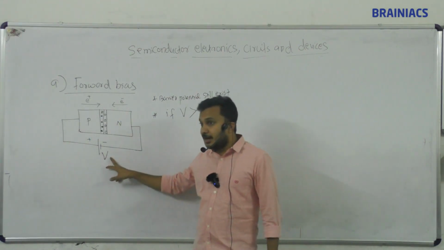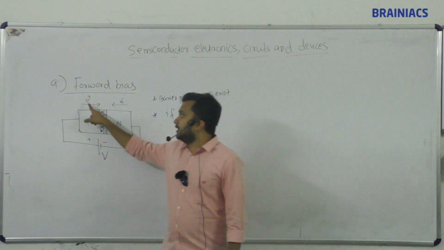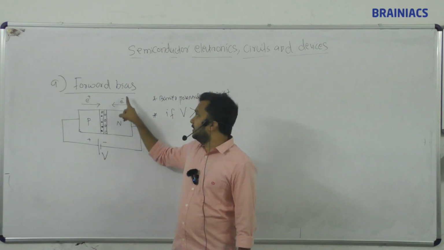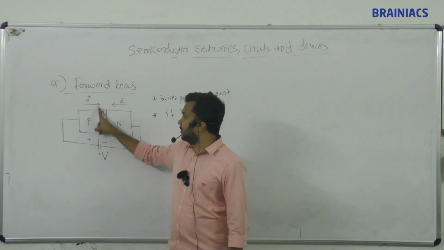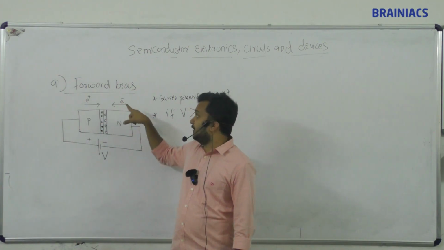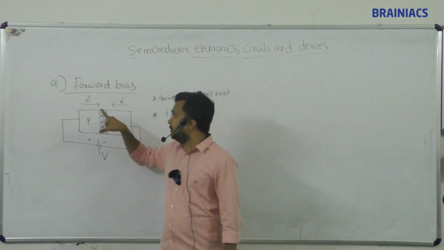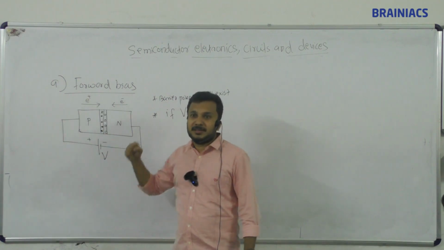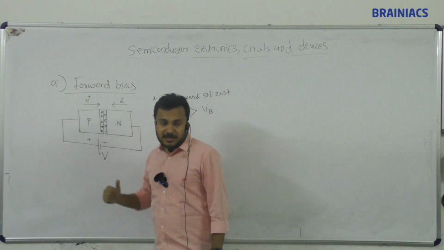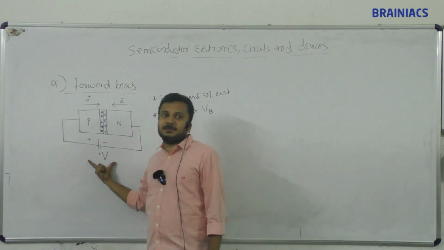Now see, these holes cannot move to this side because there is a blocking here. These electrons cannot move to here because there is a blocking here. So if I am giving extra energy here, this can cross the barrier. Who can give the energy? Only the battery can give the energy.